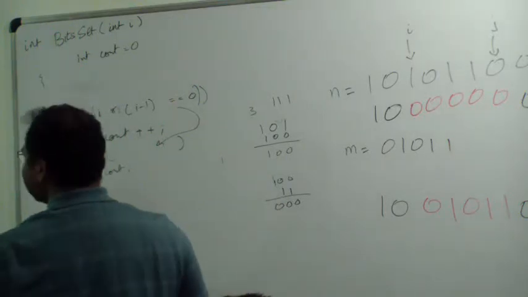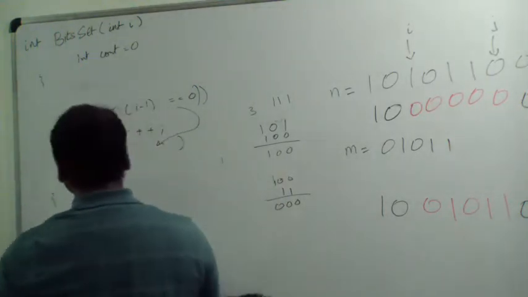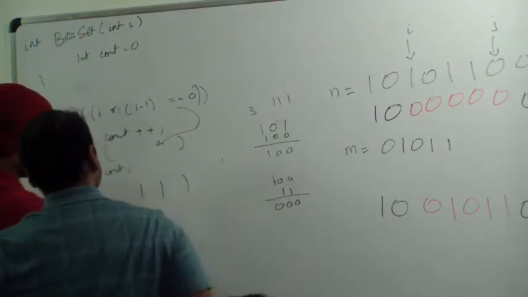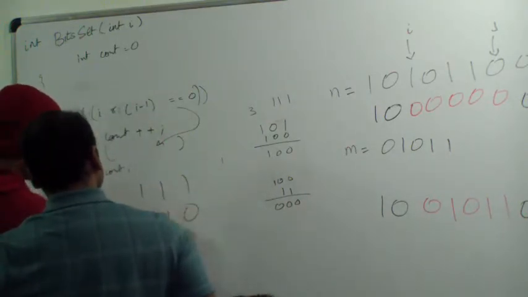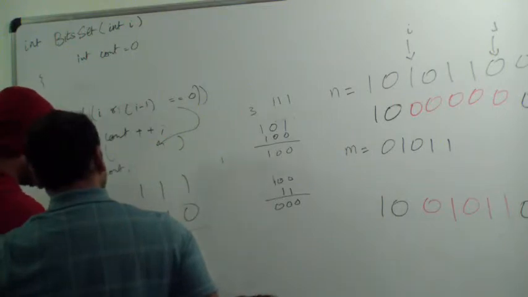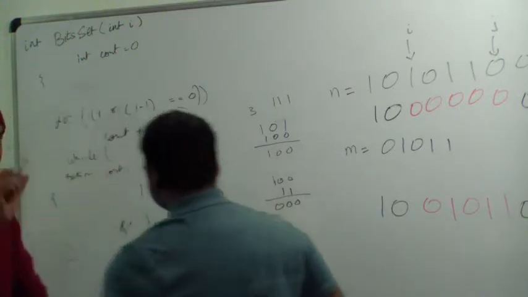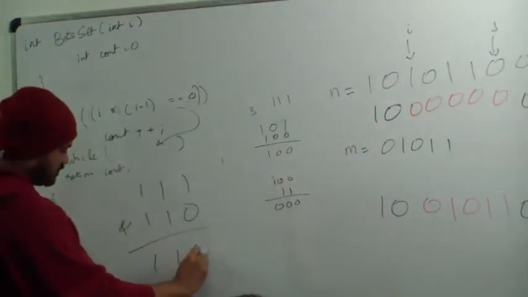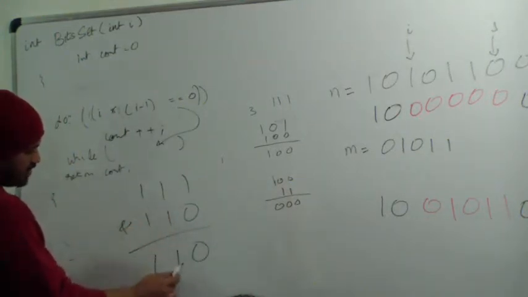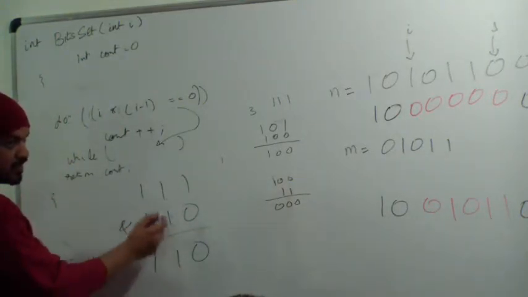So here's the thing, every time you do AND, the value is diminishing, the value is reducing.